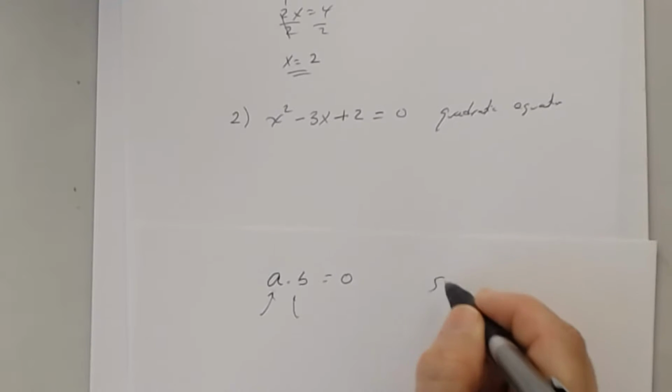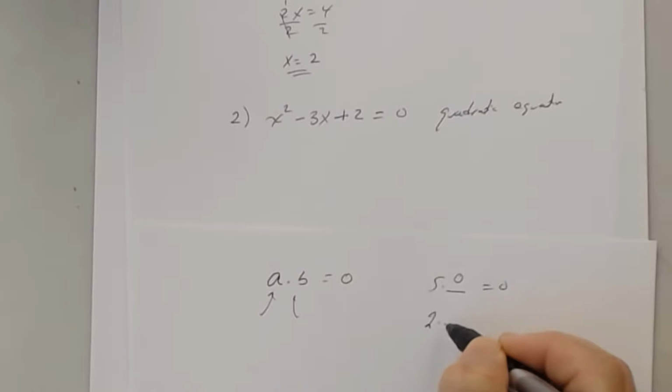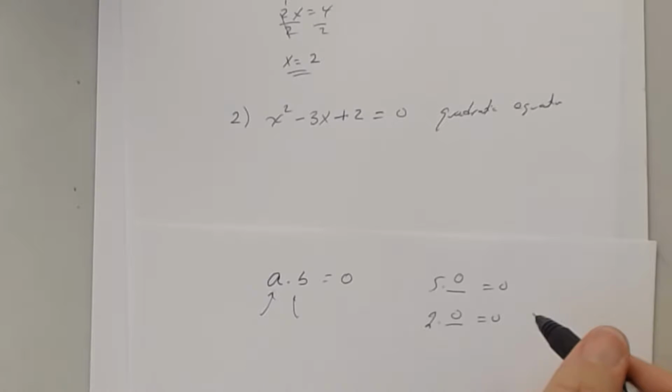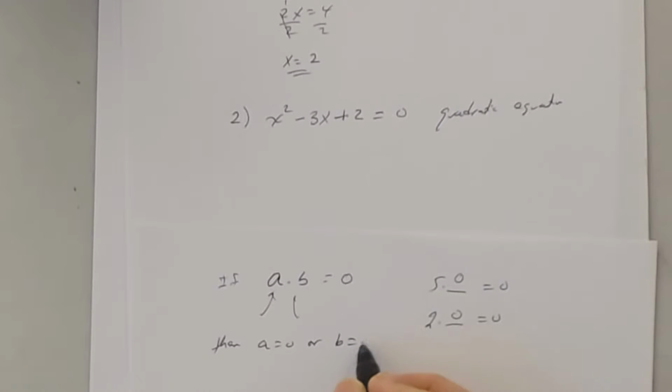So for example, 5 times what is 0? 0. 2 times what is 0? 0. So one of them has to be what? 0. So if A times B equals 0, then what that implies is that one of these has to be 0. So either A is 0 or what? B is 0. You're going to use this idea in these problems.